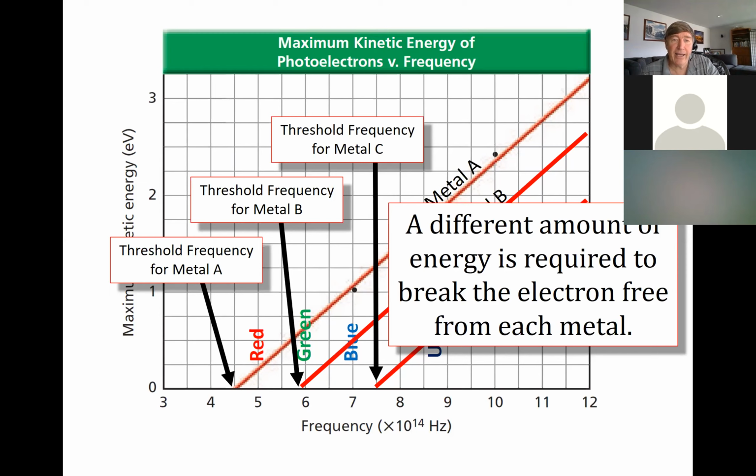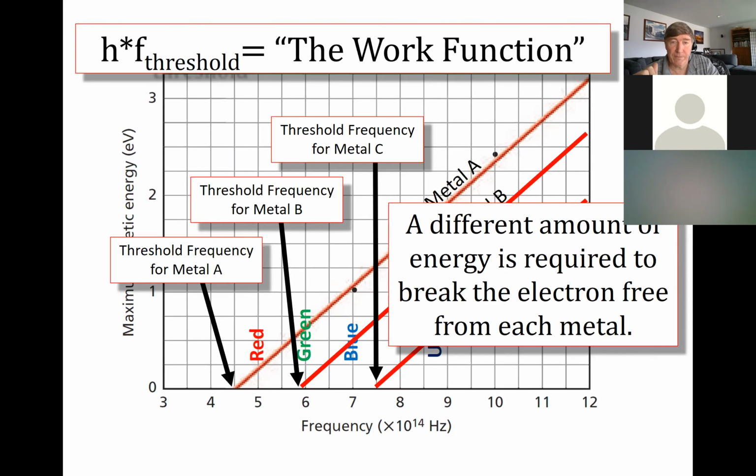We're going to call that the work function. If we take Planck's constant times whatever the threshold frequency is for the metal we're interested in, that number will tell us how much energy is necessary to break the electron free. We call that the work function. Make note of this because it's going to come in very handy in tonight's homework.